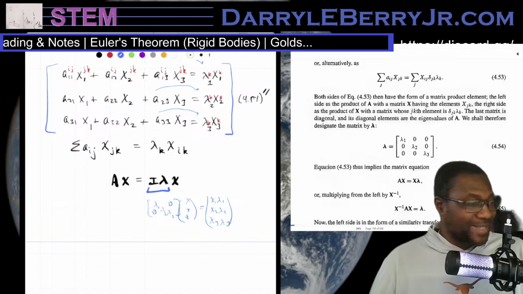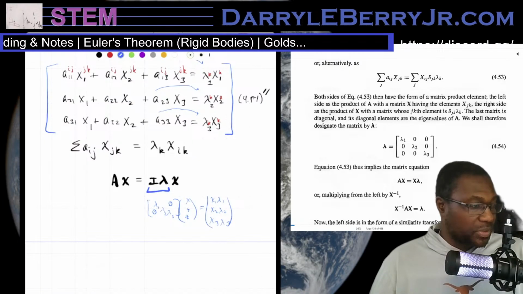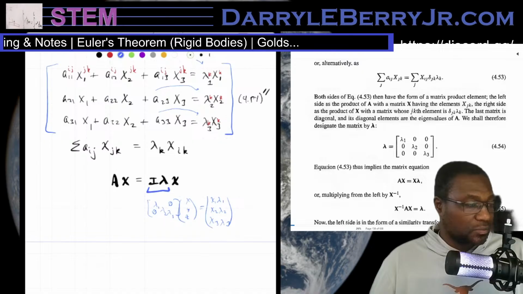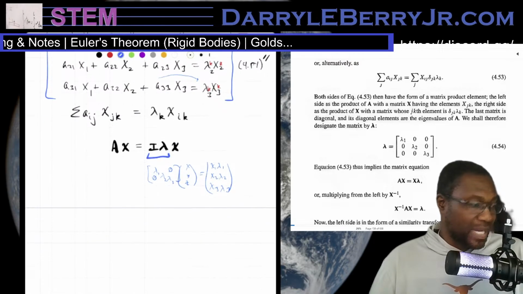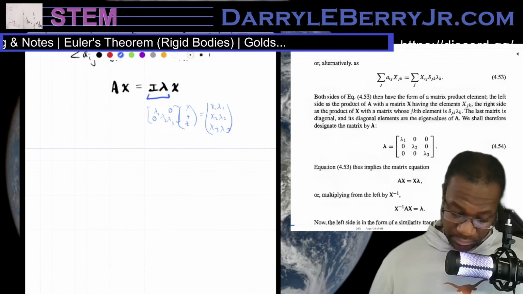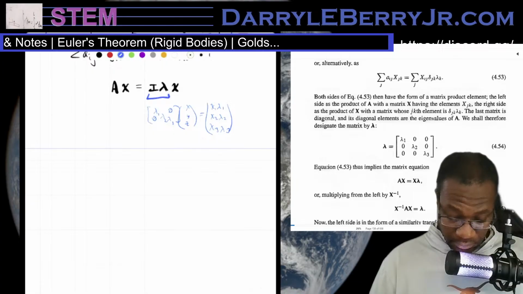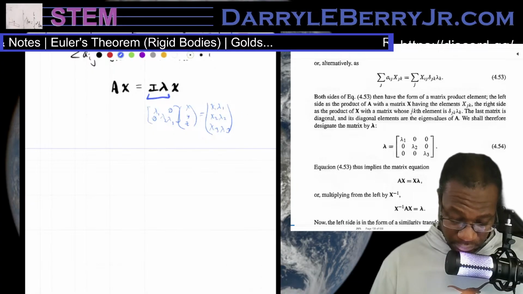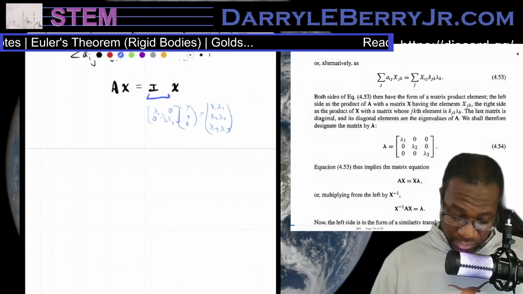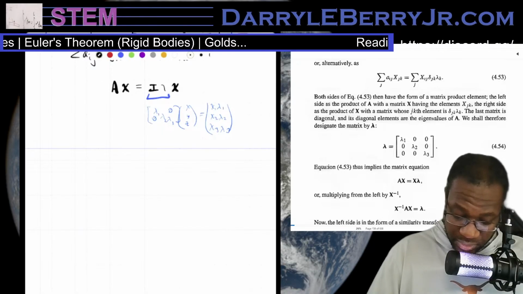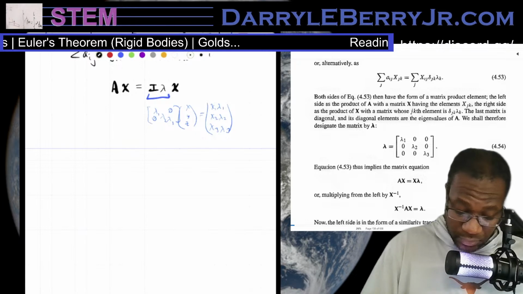The last matrix is diagonal, and its diagonal elements are the eigenvalues of A. And so therefore designate the matrix by lambda. This is still just lambda multiplied by I.